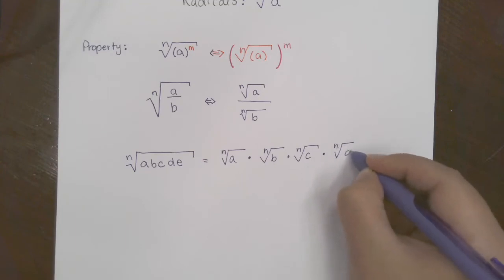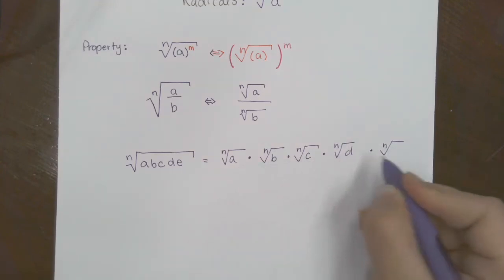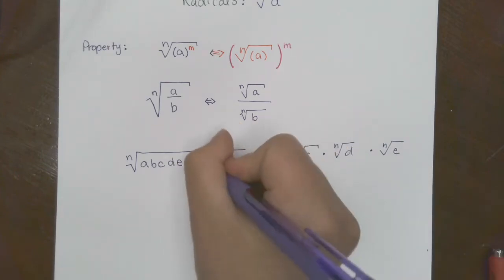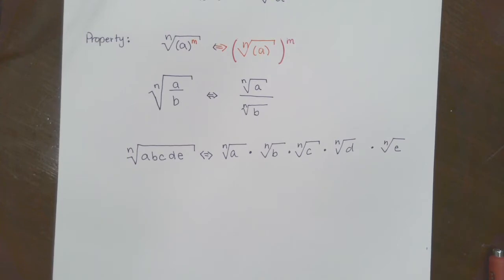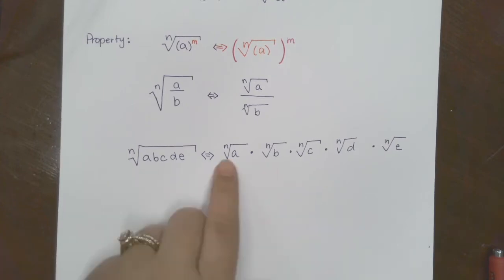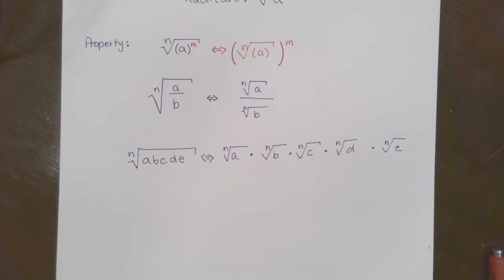And the same thing goes for combining. So this is again a double-sided arrow. If you have a lot of things expanded and you need to put them together, just put them all together. The index has to be the same. Those are the three properties that are going to be really important. There are more properties. However, we are not dealing with them just yet. We might wait till IM3.